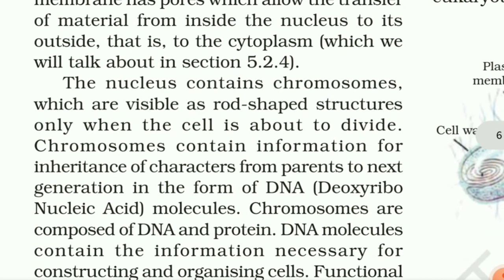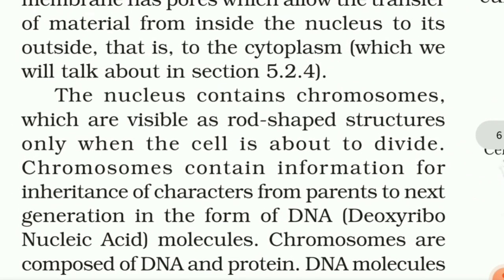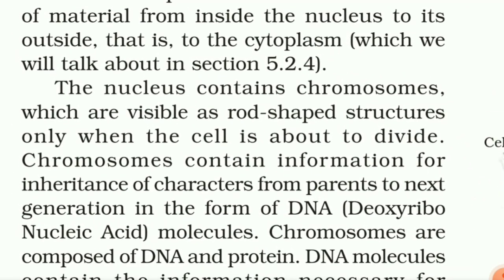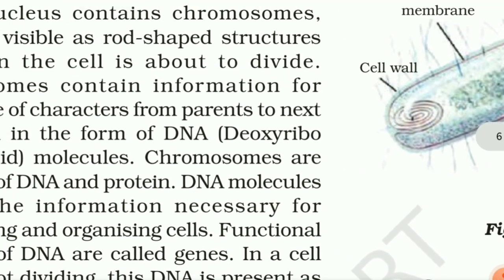It lets some in, and some of them it doesn't let in. The pores are very minute; you can't even see them except under a microscope. The material goes from the nucleus to the cytoplasm, which we talked about. Cytoplasm is nothing but the liquid that the organelles float in.